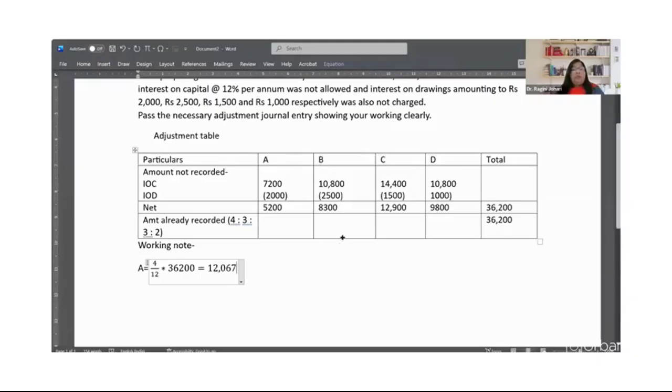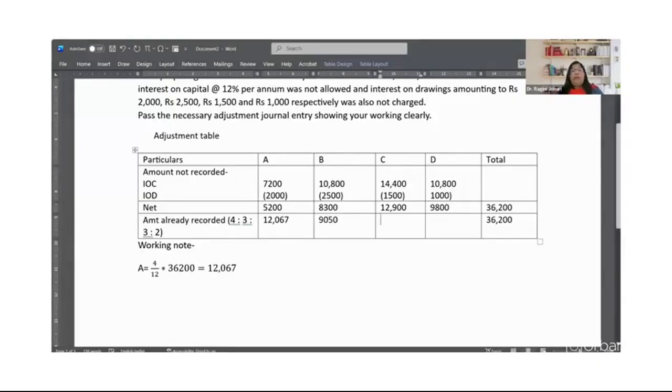So 12,067 comes here. Now, similarly, 3 upon 12 of this amount, that is for B, will be 9050.